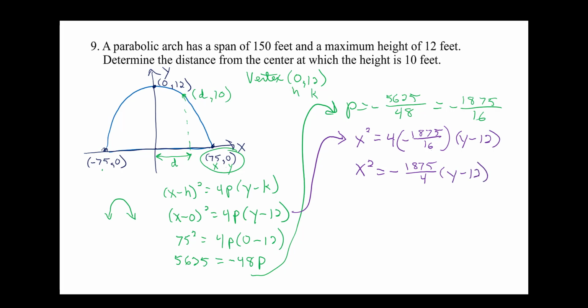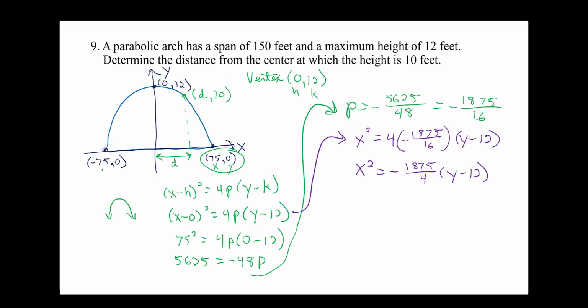We're almost finished. We just need to plug in that point of interest right here. We're plugging in, whoa, I don't want to lose things now. Right here, we're plugging in d for x, 10 for y. So we have d squared equals negative 1,875 over 4 times 10 minus 12.